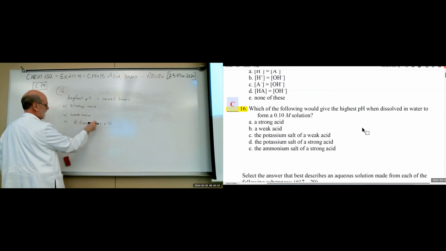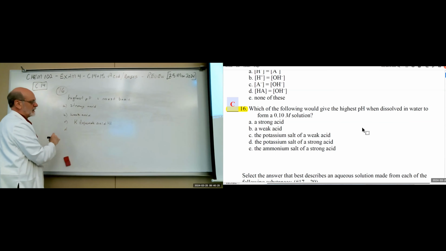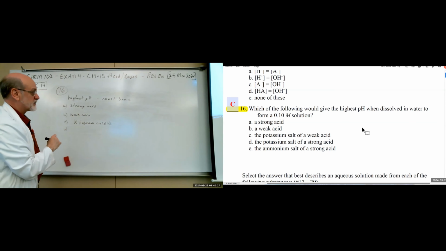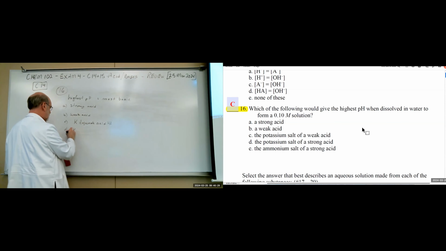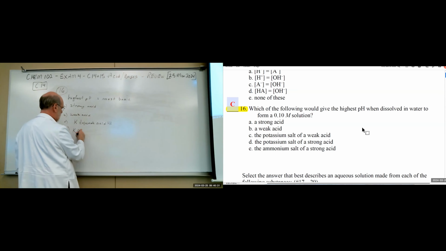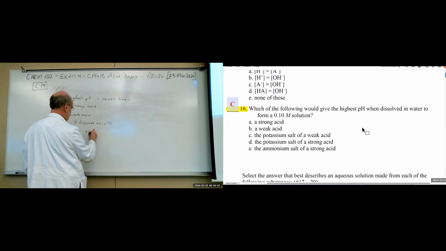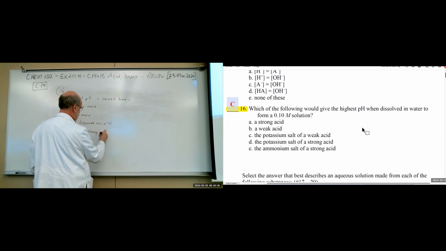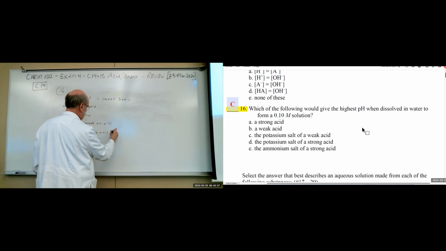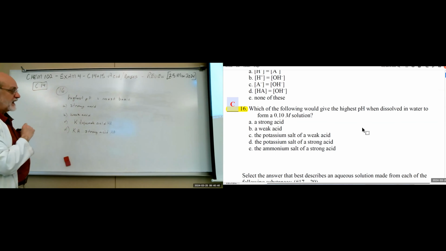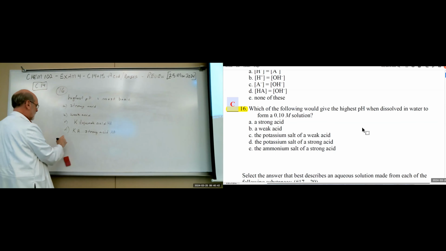Ka of weak acid HA. And then potassium salt, strong acid, Ka, strong acid, HA. And then the ammonium salt, strong acid.